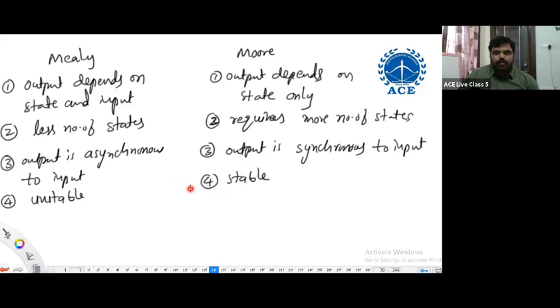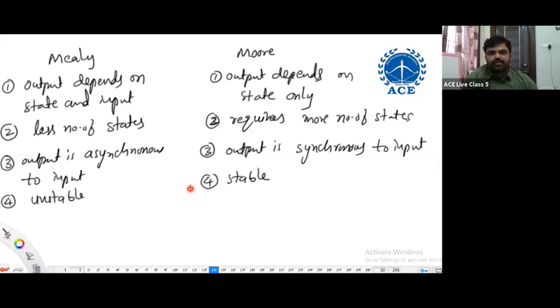Output depends on state as well as inputs in Mealy systems; output depends on state only in Moore systems. These are the major differences.